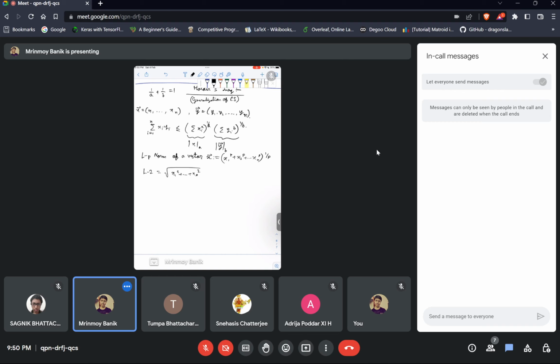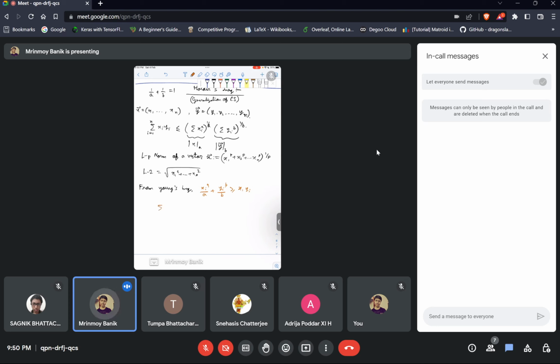Well, for the proof we can use Young's inequality. From Young's inequality we can say xi power a by a plus yi power b by b is at least xi yi.